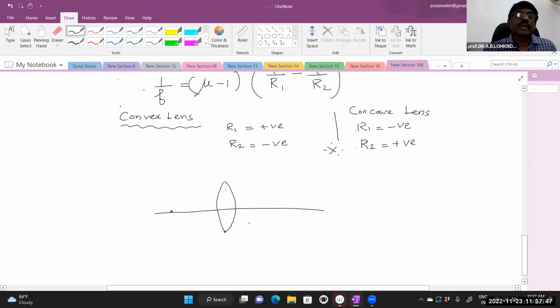When a ray of light is incident on the convex lens, it will be converged. This is the normal drawn from the center of curvature.